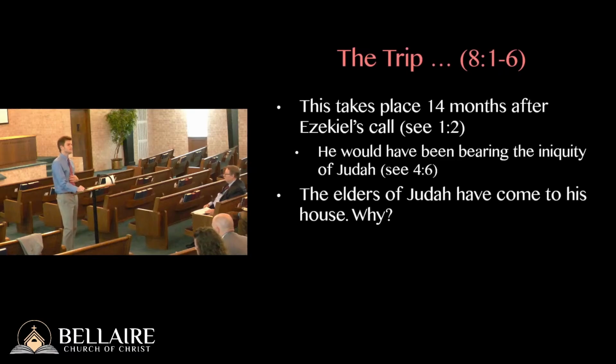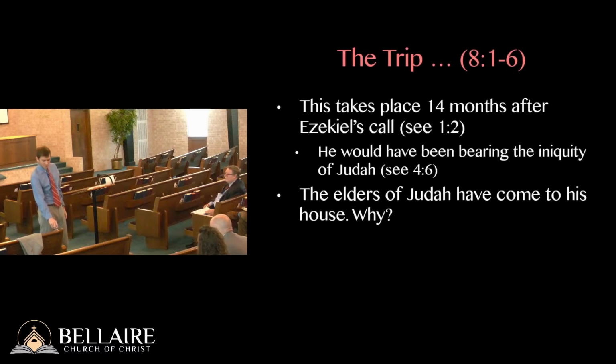There's an interesting note that in verse 1, Ezekiel's in his house, and the elders, again, that would be the elders of the Judeans in exile, are sitting before him in his house. Anybody want to guess why? What would the elders of Israel or elders of Judah be doing in Ezekiel's house, sitting before him?